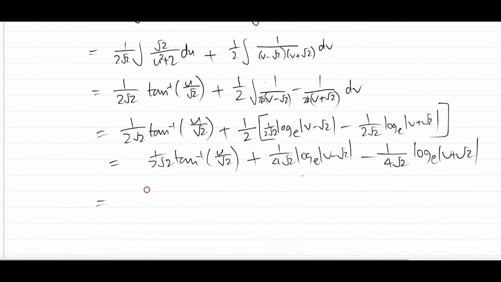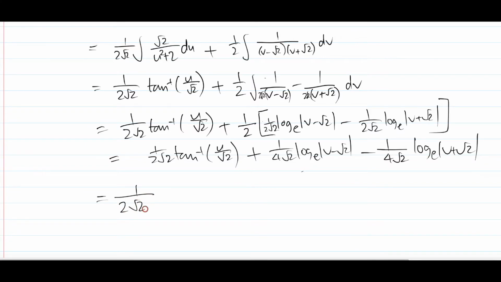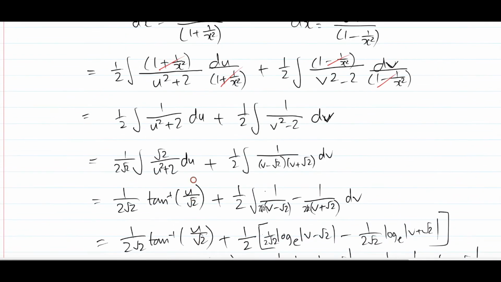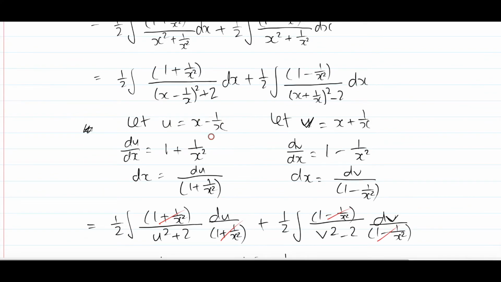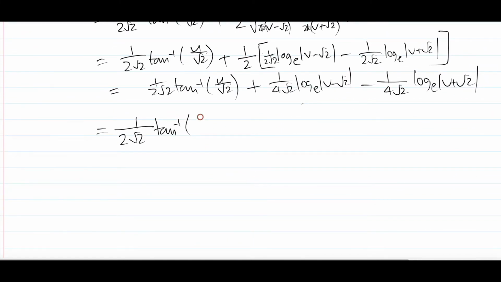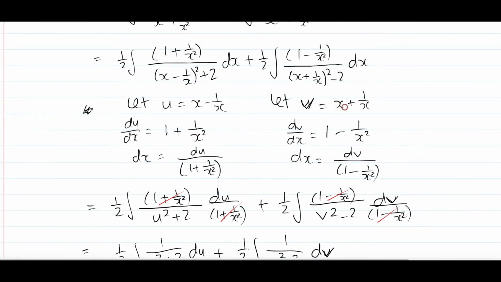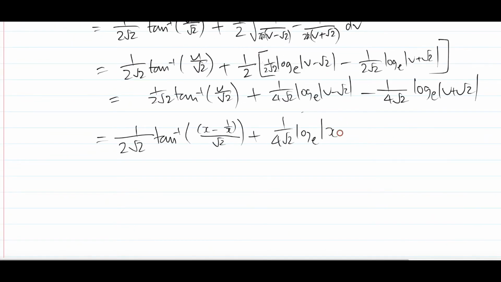Sub your u, sub your v back in. 1 on 2 root 2. We know u was x minus 1 on x, so that's x minus 1 on x over root 2 plus 1 on 4 root 2 log e of v, which in this case is x plus 1 on x minus root 2, minus 1 on 4 root 2 log e of x plus 1 on x plus root 2.